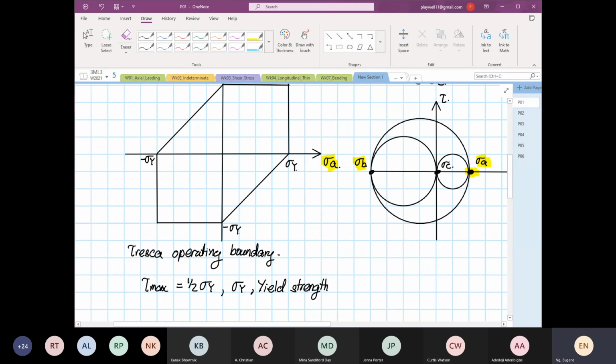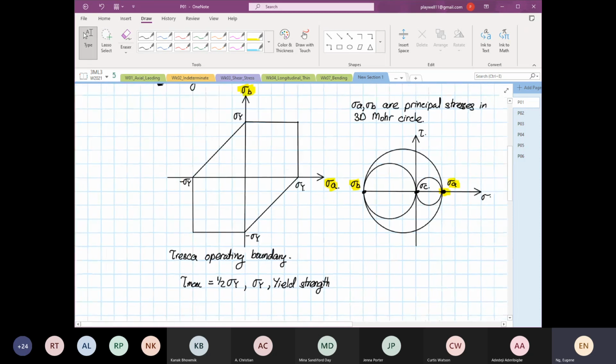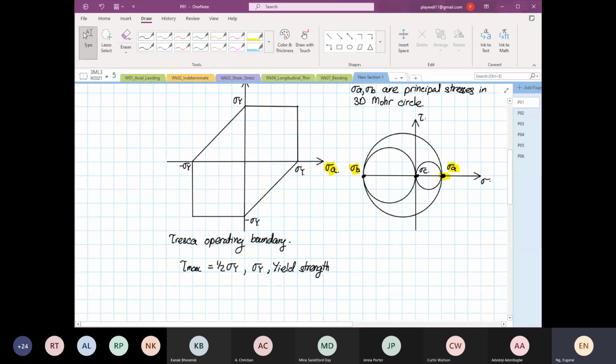And another assumption that Tresca makes, as you can see in this diagram, is that the yield strength magnitude in tension and compression are the same.